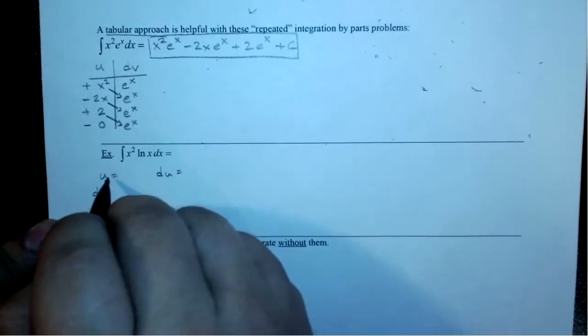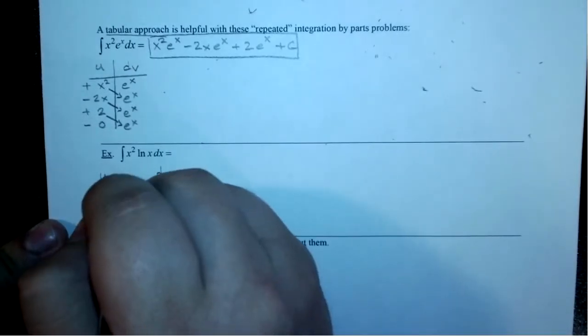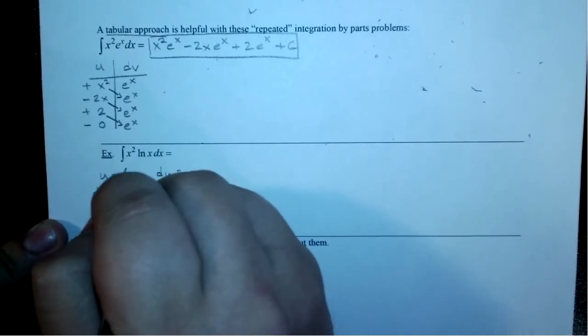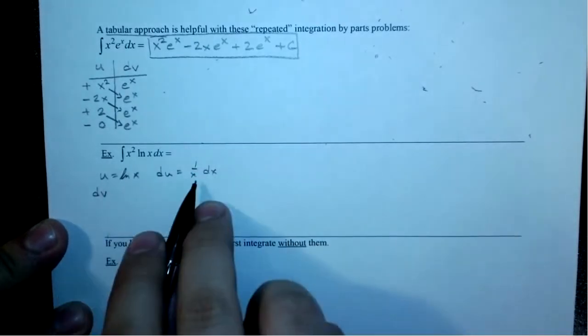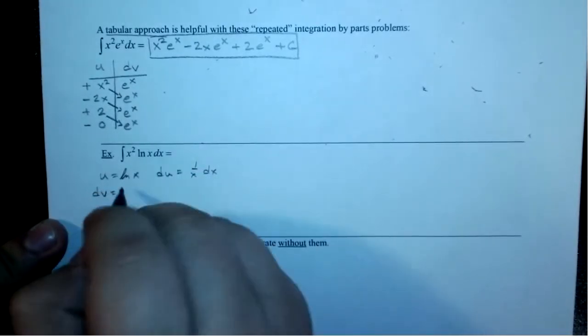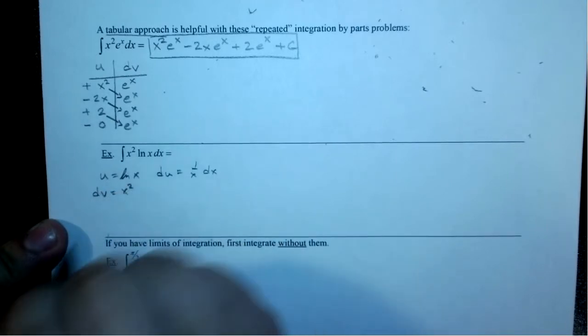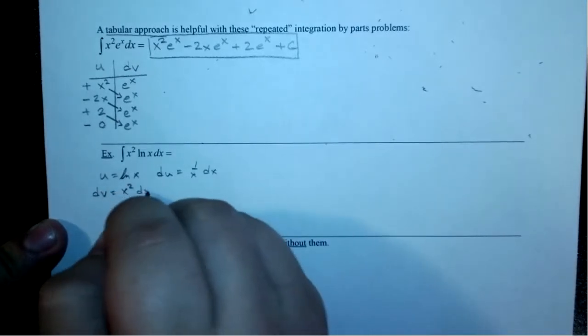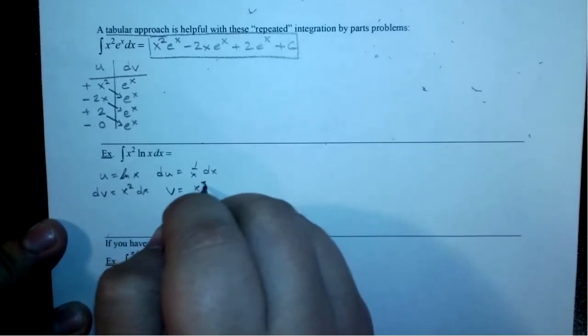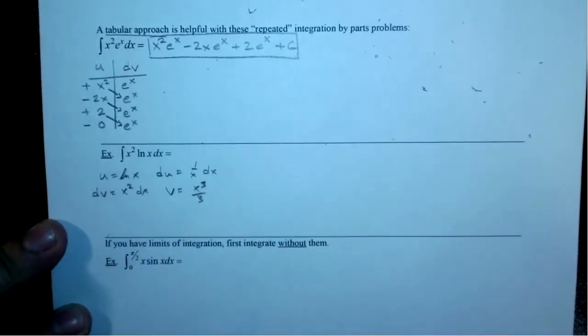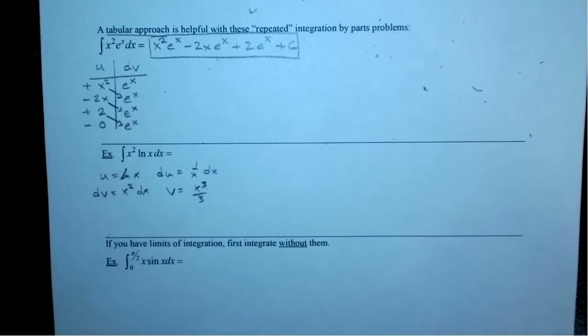So in this case, we're actually going to name u natural log of x, because that way when we derive it, we get 1 over x dx. Easy enough. So dv is then x squared dx. So that means that v must be x cubed over 3.